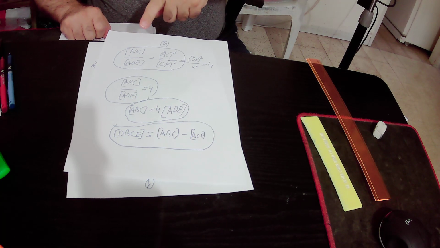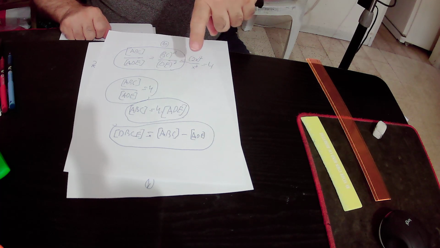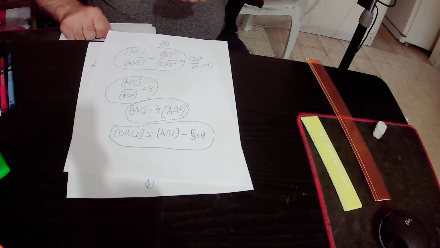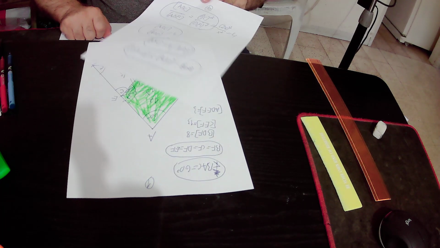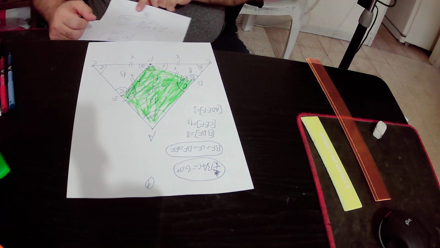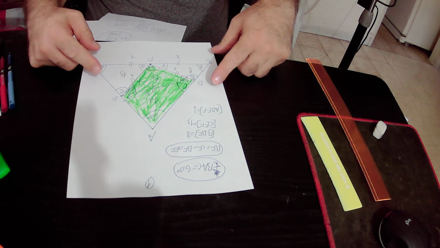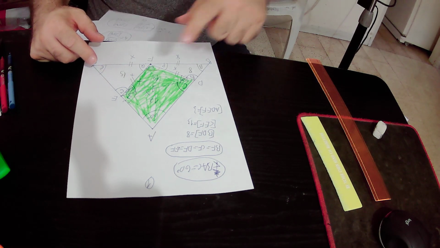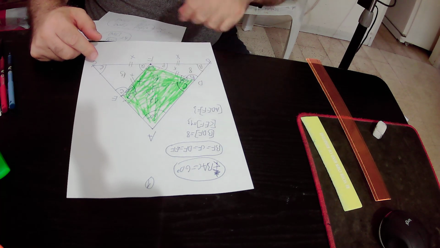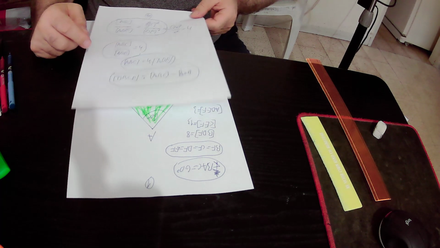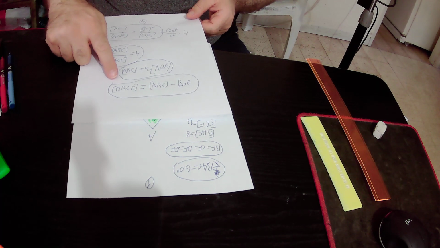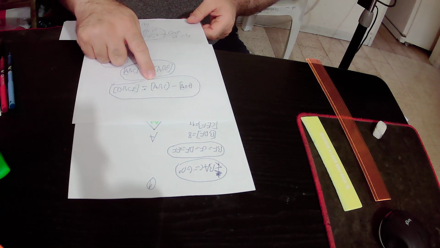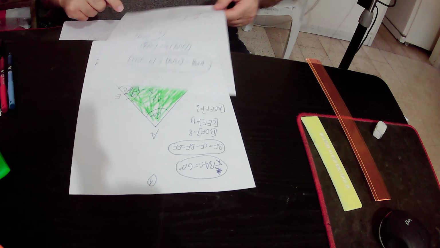So we found that the ratio between the area of triangle ABC to the area of triangle ADE equals 4, or triangle ABC is 4 times bigger than triangle ADE, and the area of quadrilateral BDEC equals the area of triangle ABC minus the area of triangle ADE.